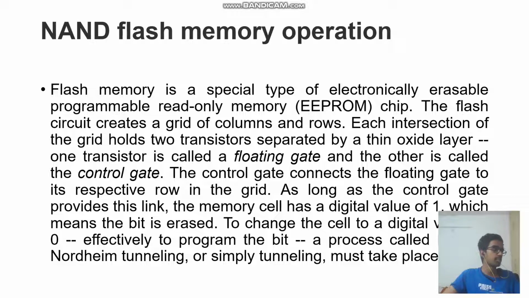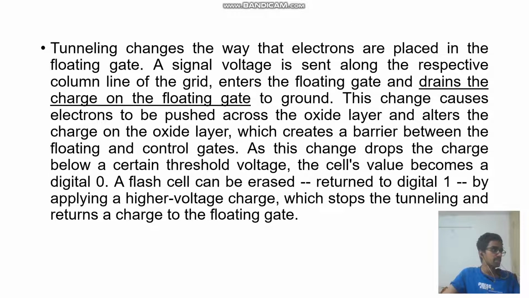As long as the control gate provides this link, the memory cell has a digital value of 1, which means the bit is erased. To change the cell to a digital value of 0, effectively to program the bit, a process called Fowler-Nordheim tunneling, or simply tunneling, must take place. Tunneling changes the way that electrons are placed in the floating gate.